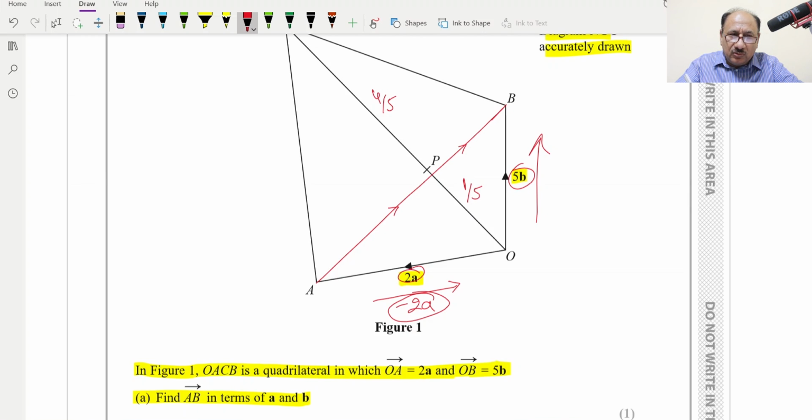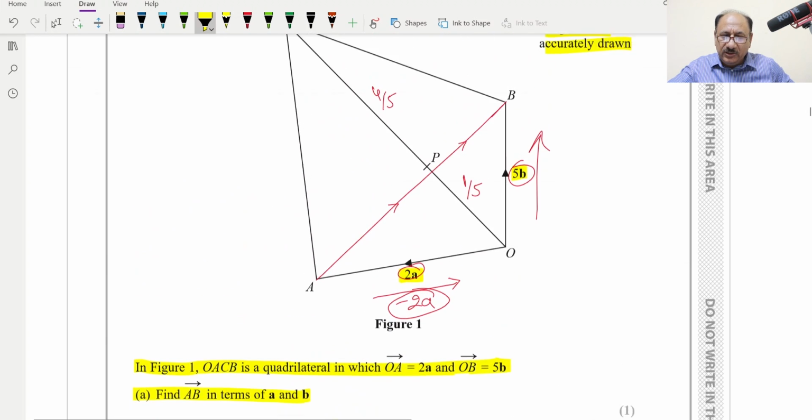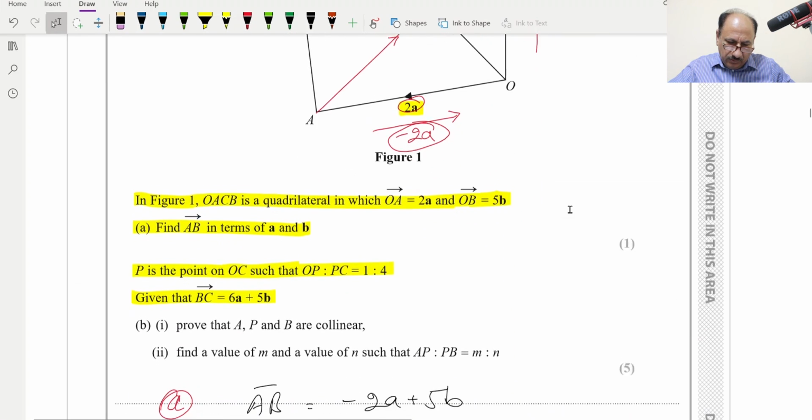The direction we can check later, but the ratio we have taken over here. Then given that BC is equal to 6a plus 5b. So BC is this direction, equal to 6a plus 5b, and this is given.